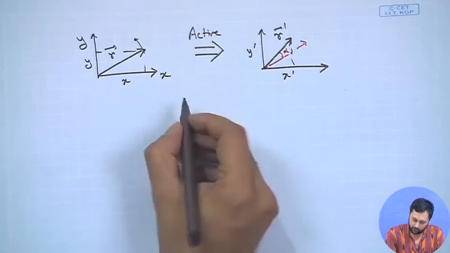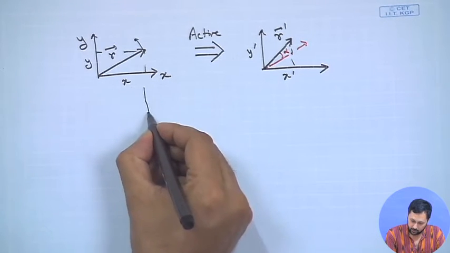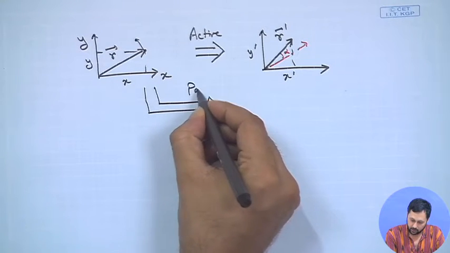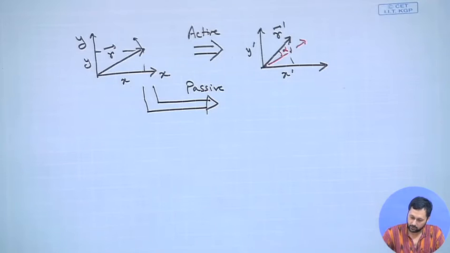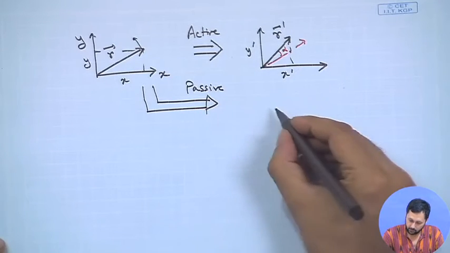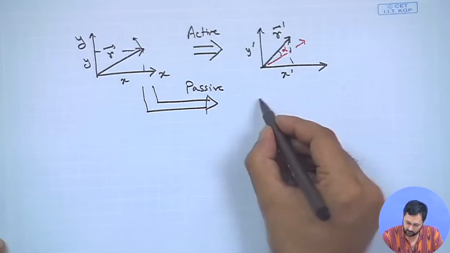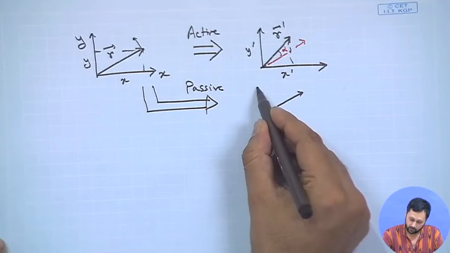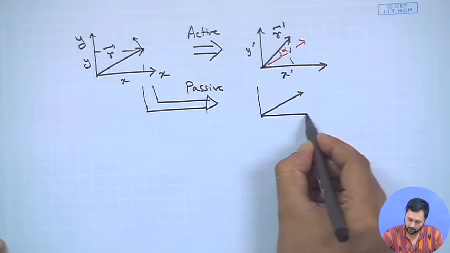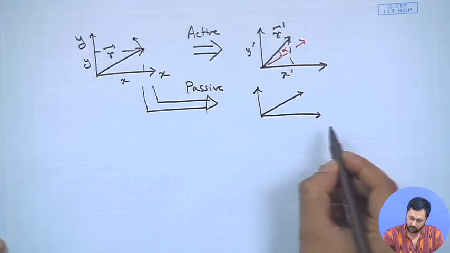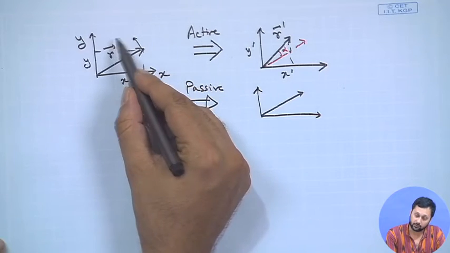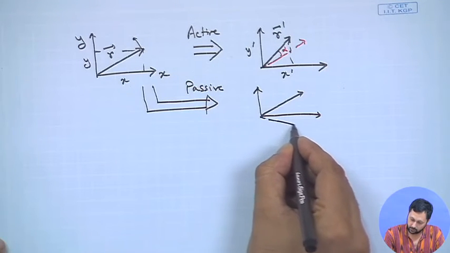Also we can have a situation where instead of having an active rotation, we have a passive rotation. What is that? Passive rotation means the vector remains as it is, nothing happens to the vector, but the coordinate axis rotates in the opposite direction. Here the vector was rotating in the anti-clockwise direction and the coordinate axis rotates.